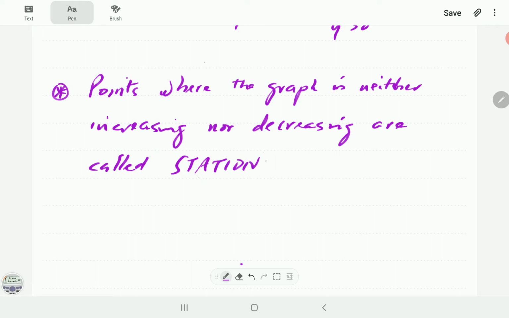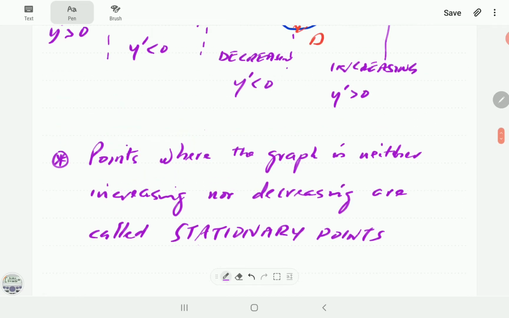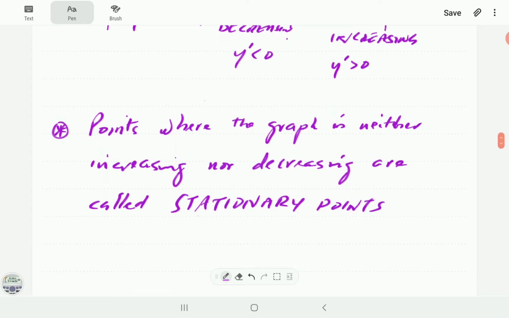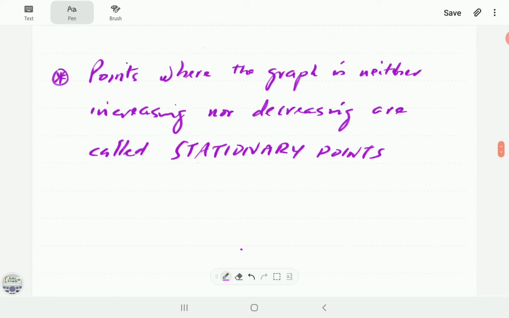Stationary in the sense of no movement. So there is neither increase nor decrease. So these points are called stationary points.